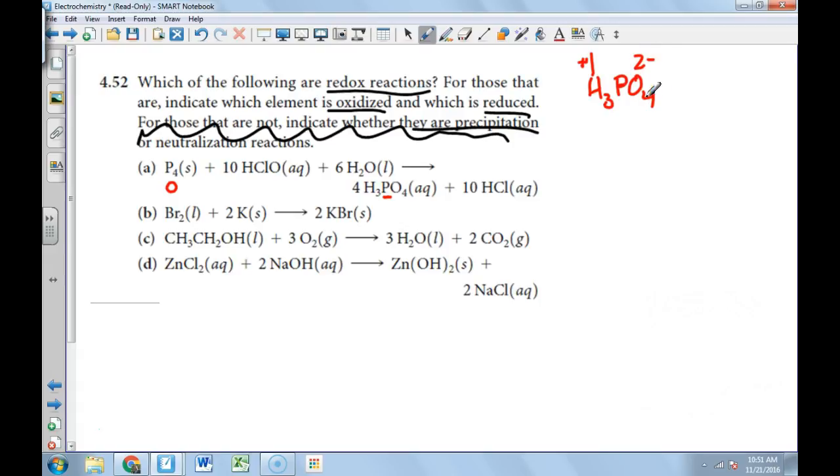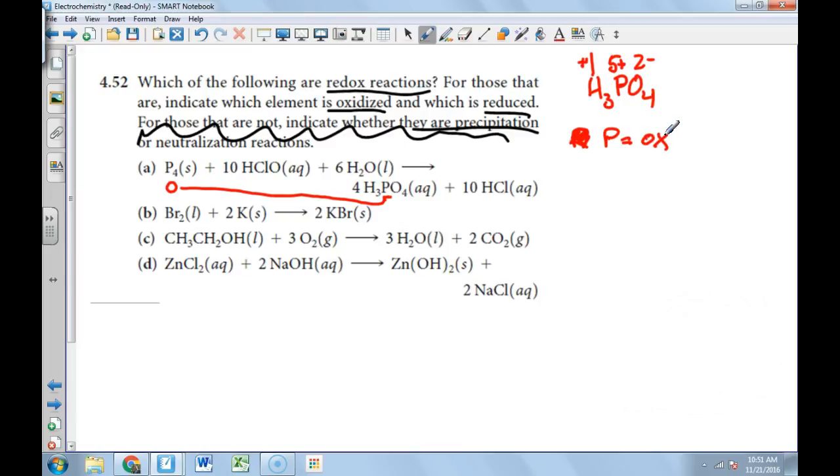So this is 8- because it's 2- times 4. It's 8-, and then +1, so we're at 5-, so this has to be a 5+. So in this case, phosphorus is going from a 0 to a 5+. So phosphorus is what's being oxidized here.